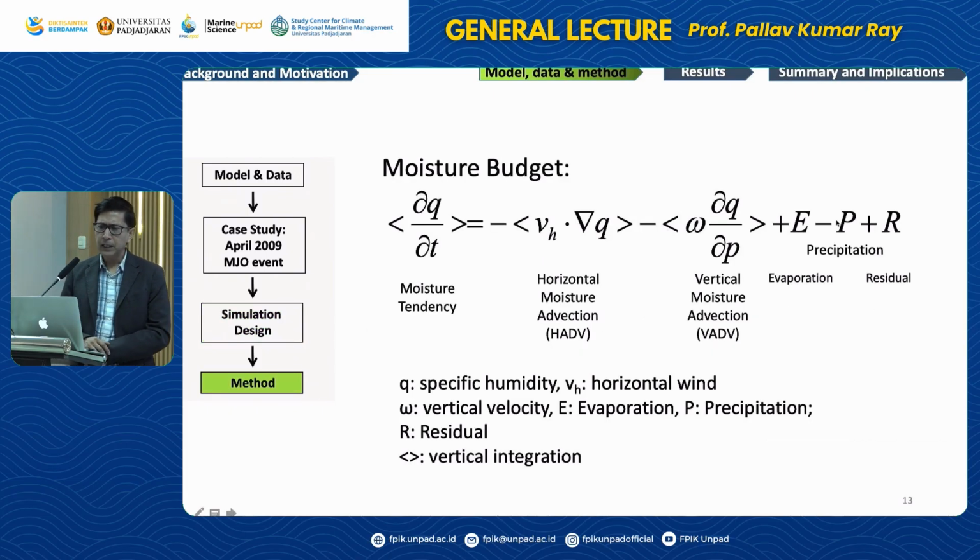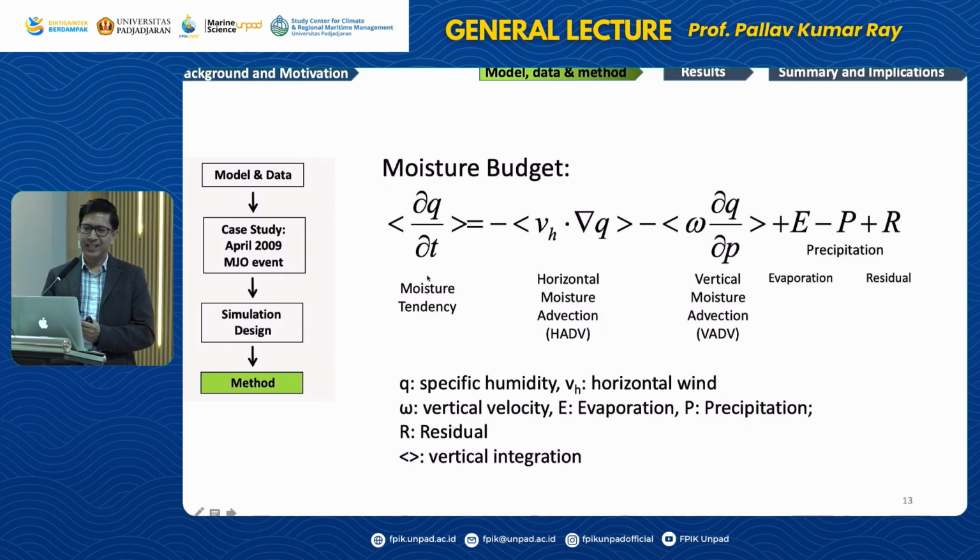So for all our analysis, we are using something called the moisture budget equation, which basically explains what determines precipitation. In this equation, P is precipitation. If you bring all the other terms to the other side, they become the mechanisms that explain precipitation.